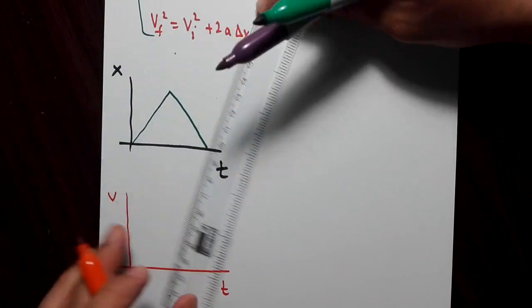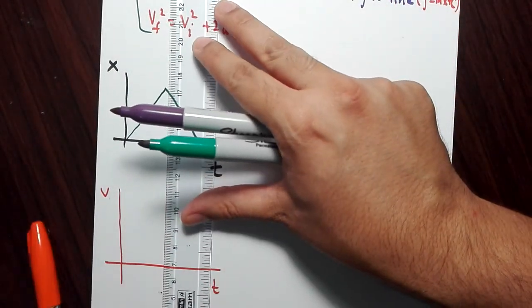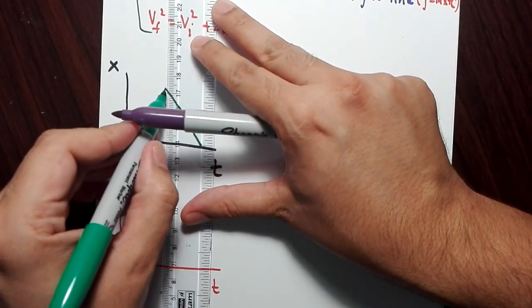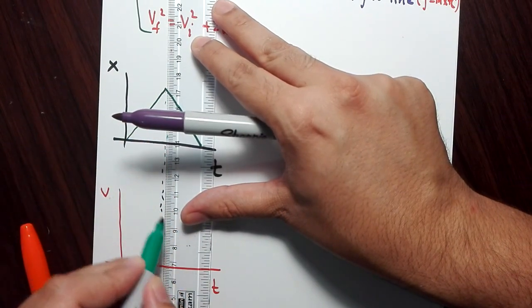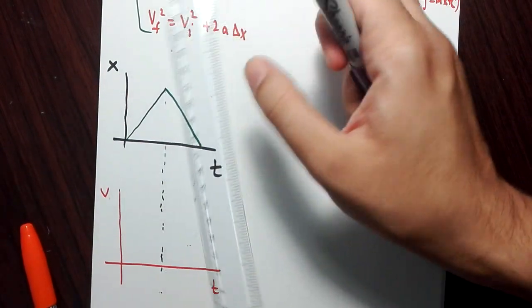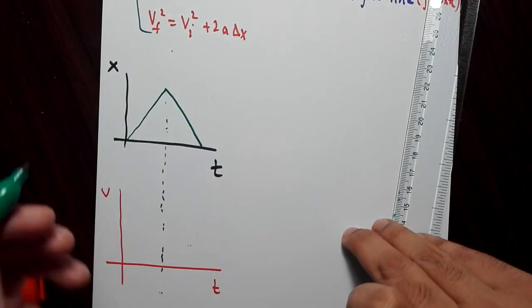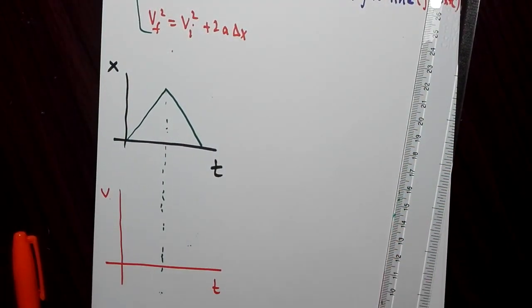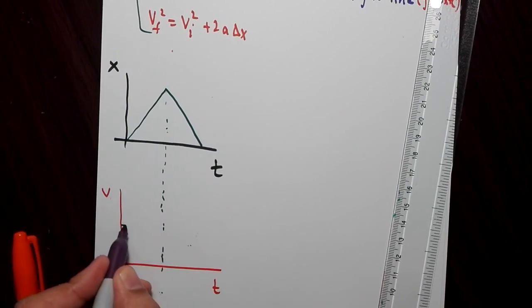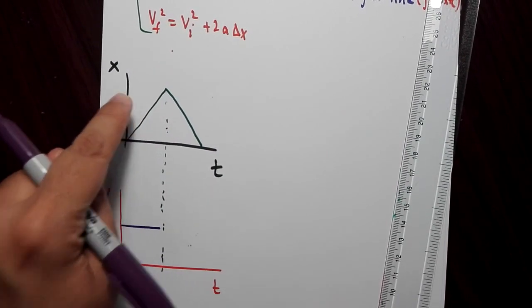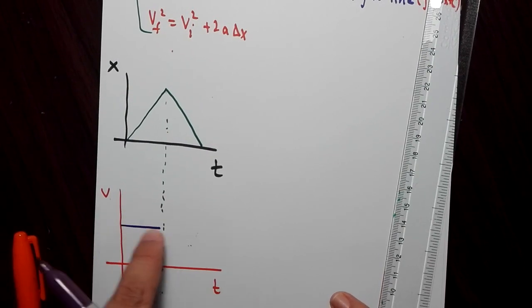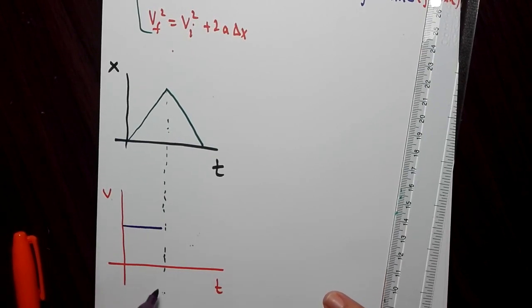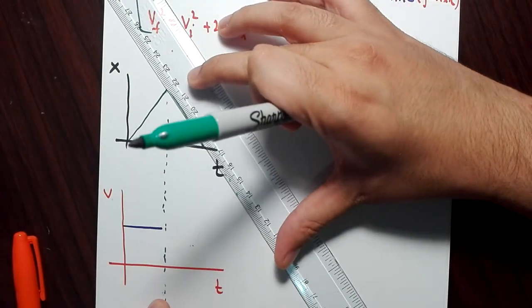So if you trace the time over here, before this time, the velocity is a constant positive number. Constant positive slope means constant positive value of the velocity. Now, you should be able to predict how the velocity changes over here. So it's obviously going to go negative, because this has negative slope, right?